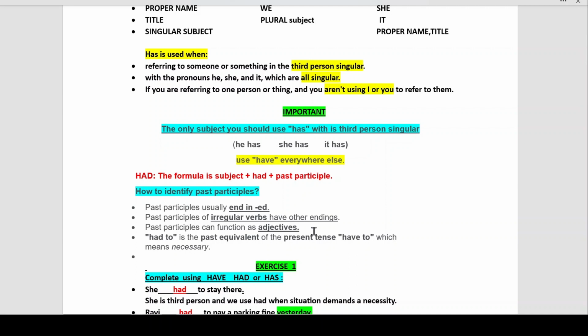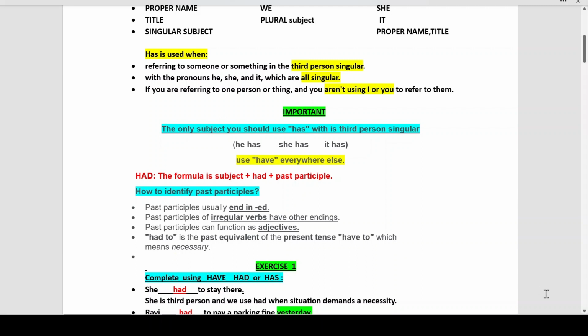They describe your nouns. So, please keep in mind that past participles can function as adjectives because we are going to do an exercise where the past participle will function as an adjective. Basically, all you need to remember is that had to is the past equivalent of the present tense have to. Have to means which is very necessary and has to be done.